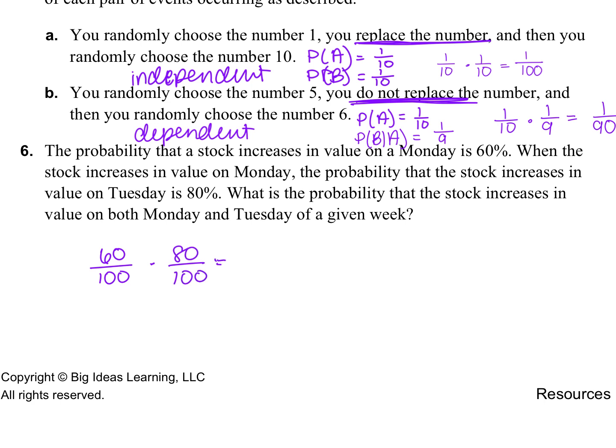You could simplify them, or you could just multiply across. 4,800 over 10,000. I canceled out my zeros and end up with 48 over 100. Then I change it to a percentage. You could change it to a decimal. I'm going to get 48%. That is my probability that the stock will increase on both Monday and Tuesday.